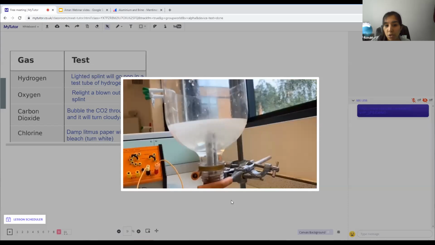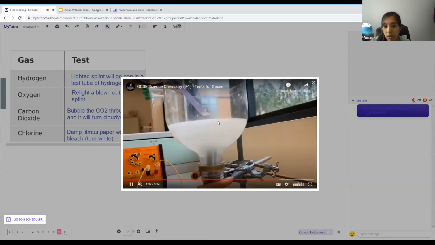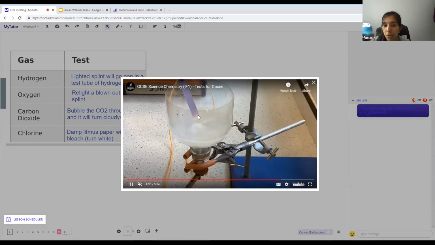Remember, effervescence just means bubbling and it usually means a gas is being produced, and that's our chlorine gas. Now he adds the litmus paper, that's the damp litmus paper. He will add it to the gas. You don't need to add it to the solution, just above where the gas is being produced. What you'll see in just a second is that the litmus paper is bleaching, going white. And that's what happens with chlorine.